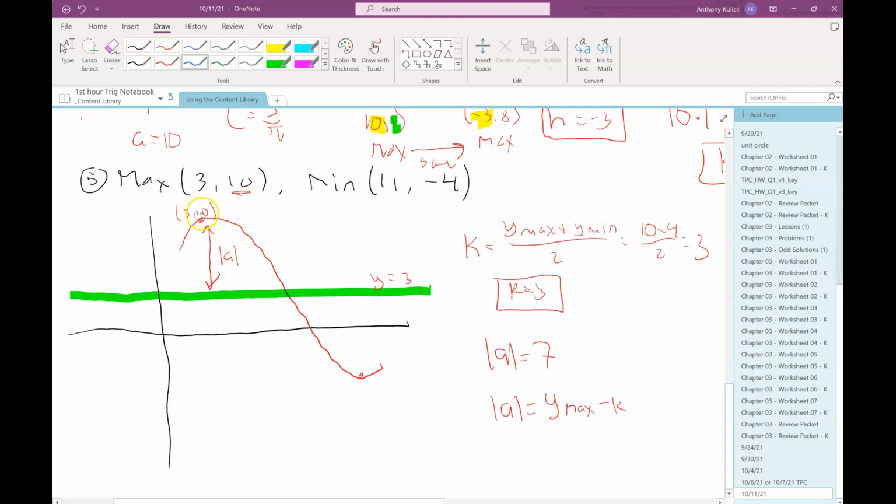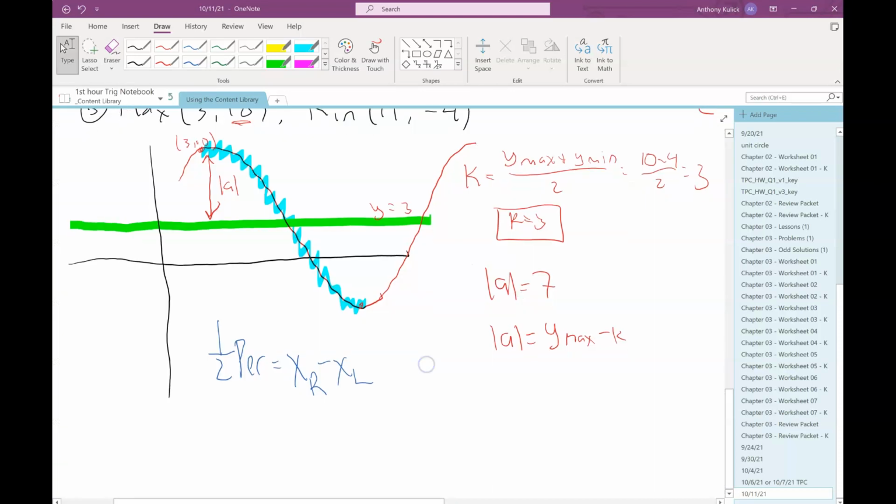So next we'll find our c. If I completed this graph to draw one full period, I would come out to here. So this much of my graph is half a period. To find that length for half of the period, I'm going to take the x-coordinate on the right and subtract from it the x-coordinate on the left.